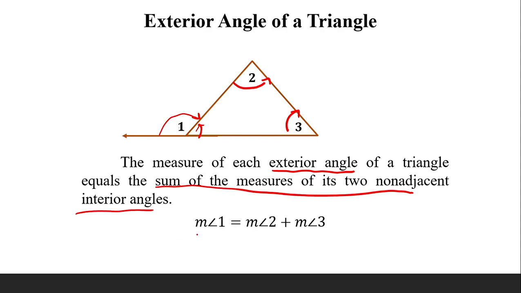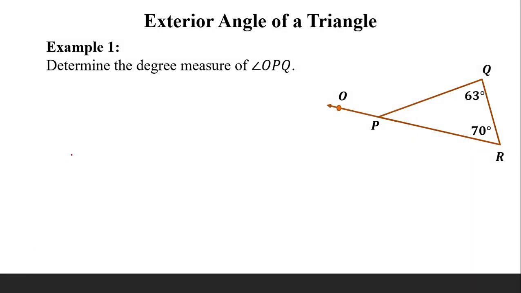So measure of angle 1 is equal to the measure of angle 2 plus the measure of angle 3. Now let us apply the exterior angle of a triangle. In example number 1, we need to find the degree measure of angle OPQ. Let us illustrate the given.